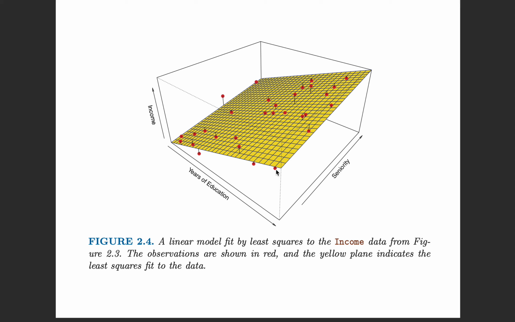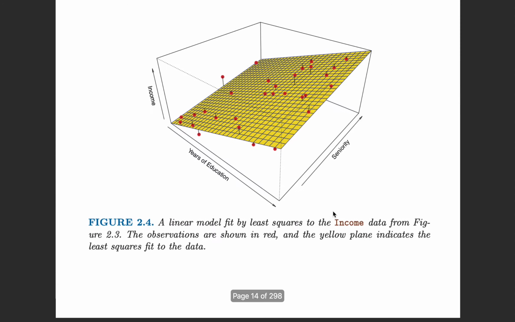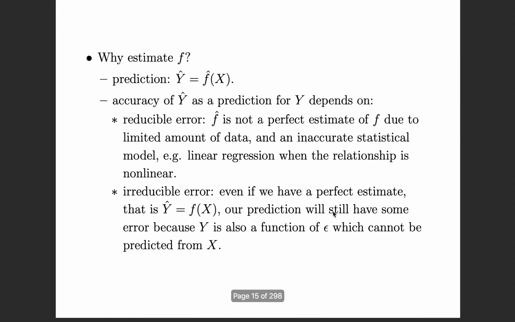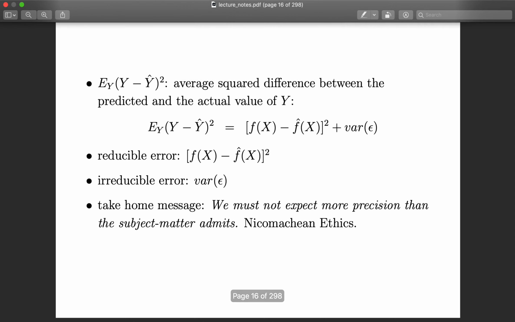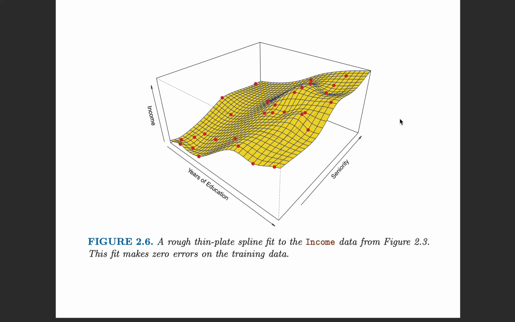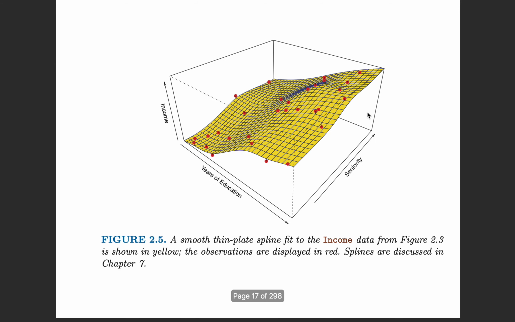So you only see these red dots. So how can you know whether just doing something like a linear regression is all right, or you need to find something more sophisticated that is more flexible, and for example, a rough thin plate spline fit to the data might be a better fit or might explain the data better.